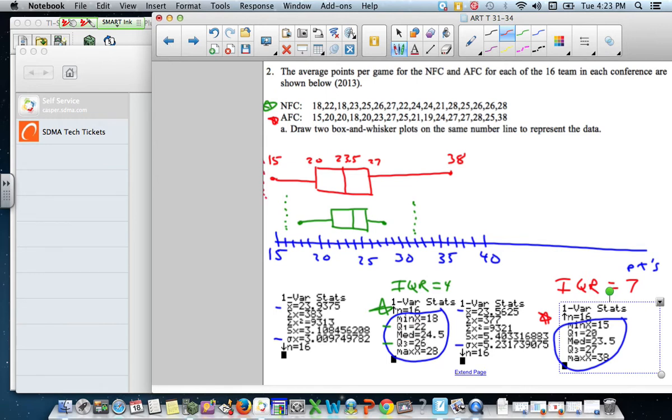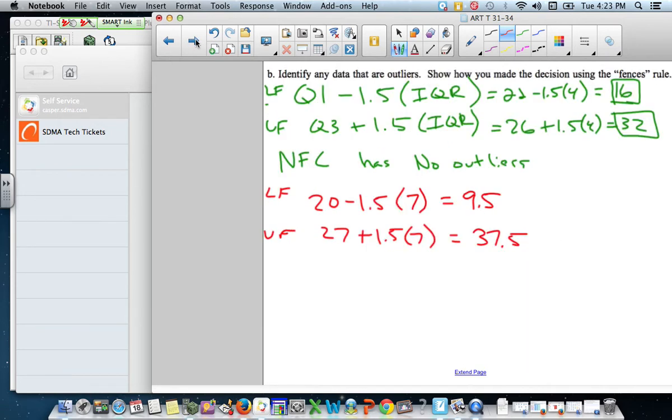And 37.5 is my upper fence, which is just inside 38. So there is an outlier. It is 38. So for the AFC, 38 is an outlier.